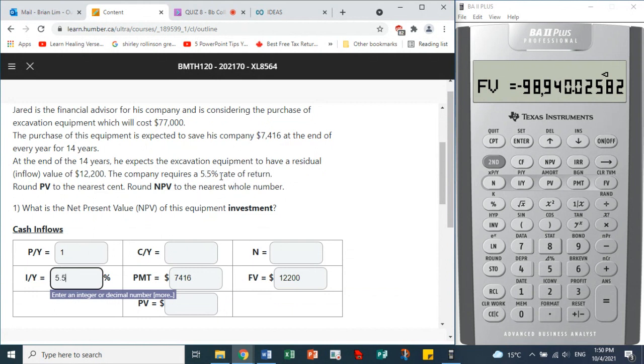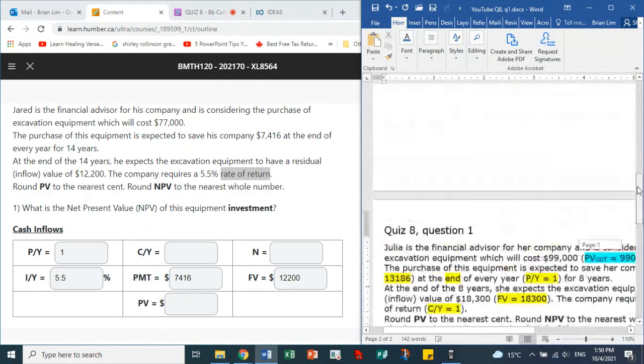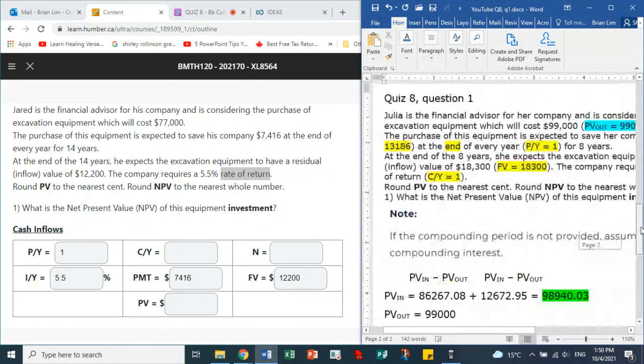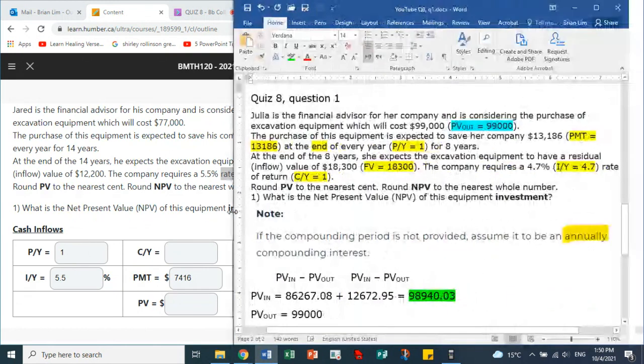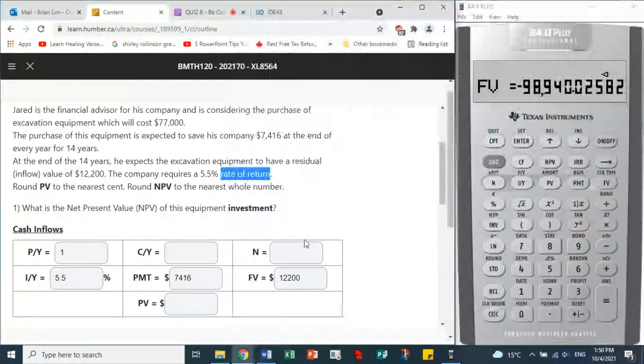Remember, from the previous calculation, when the compounding period is not provided, assume it to be annually compounding interest. So that is annually compounding interest.